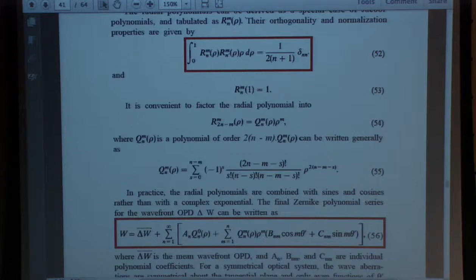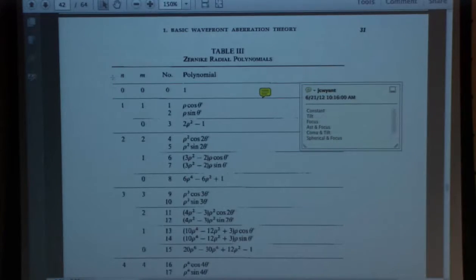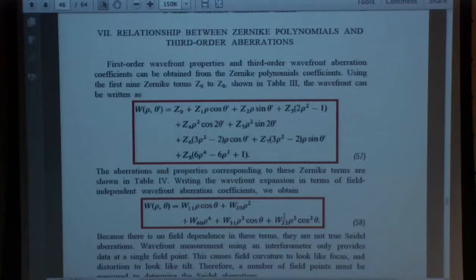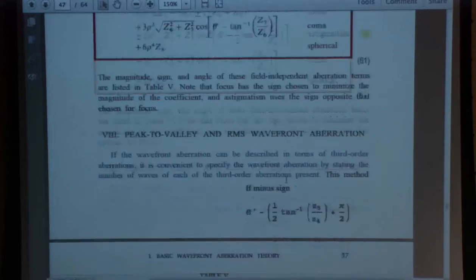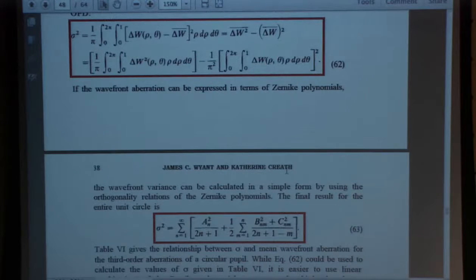And the n's and m's are what was used in the generating function, and so they're just the n's and m's in this table here. So from the coefficients and n and m's, you can very easily calculate sigma squared if you want to from the Zernikes.